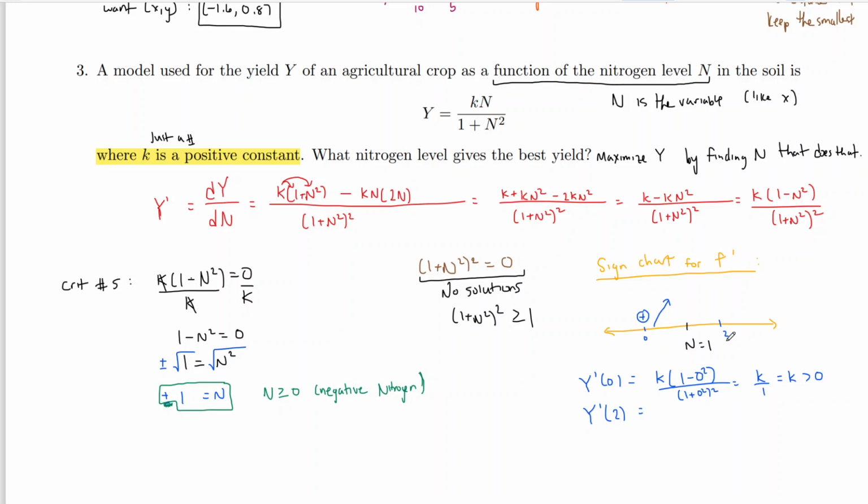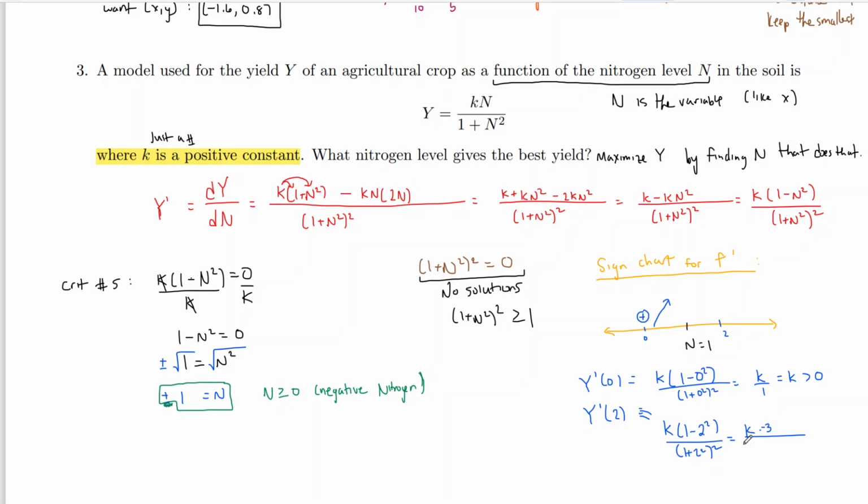Go ahead and plug in n equals 2. Let me actually draw an arrow down here like this. We've got k times 1 minus 2 squared over 1 plus 2 squared, squared. And now the top here, we have k times 1 minus 4, which is negative 3, over 1 plus 2 squared, that's 4.